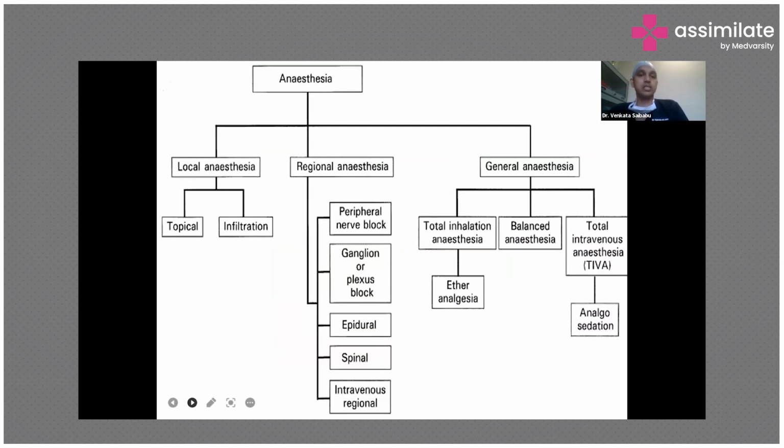When it comes to regional anesthesia, it could be a peripheral nerve block, ganglion or plexus block, epidural, spinal, or intravenous regional anesthesia. Epidural and spinal combined are called neuraxial blockade. Coming to general anesthesia, it can be total inhalation anesthesia, balanced anesthesia, or total intravenous anesthesia, which is called analgo sedation. Next slide.